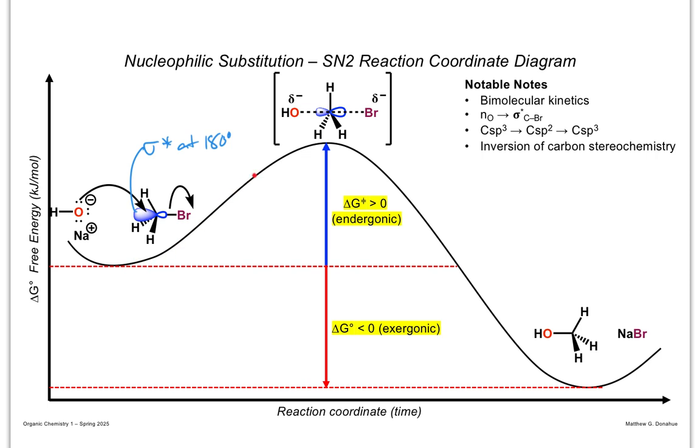As it climbs the energy hill, we're going up in energy, so our delta G value is greater than 0. In terms of heat, that would be sort of a plus sign.